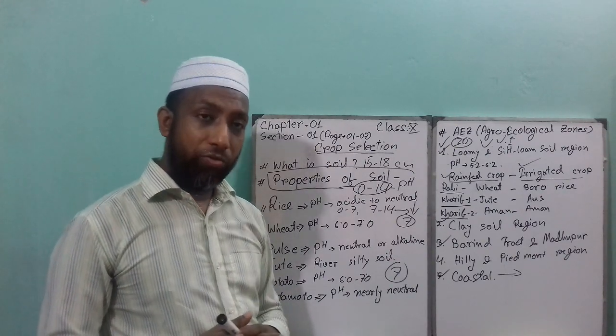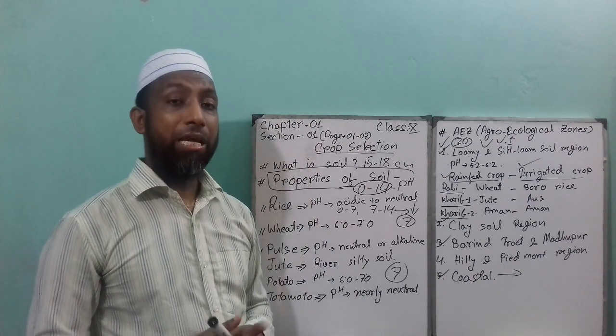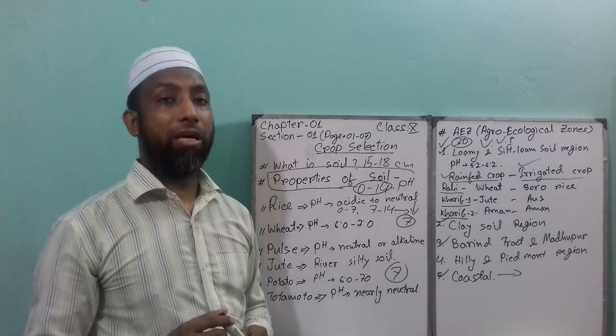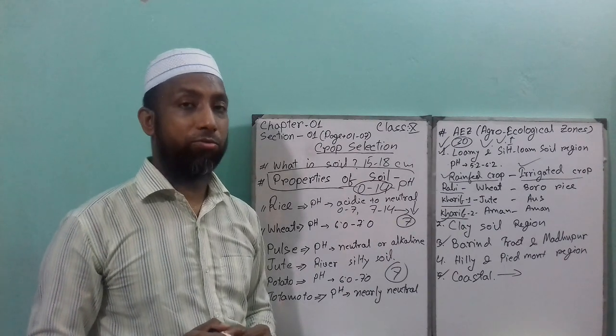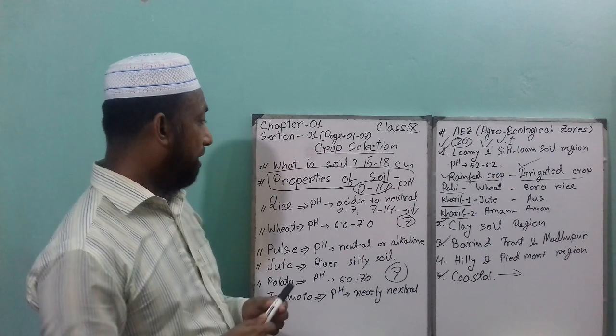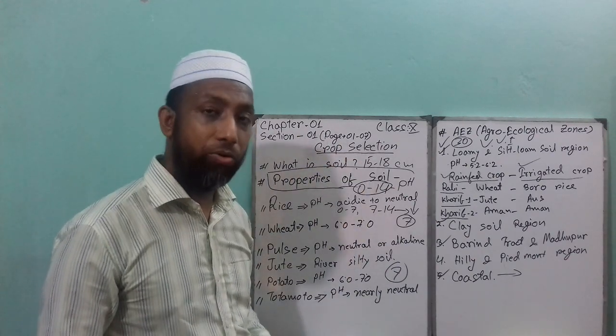Every time I told you that when you study your section, you have to underline each and every line, because this is your textbook, so you never know where the MCQ will come from. So you have to memorize all the important lines, and memorize this page 1 to 7 for MCQ.